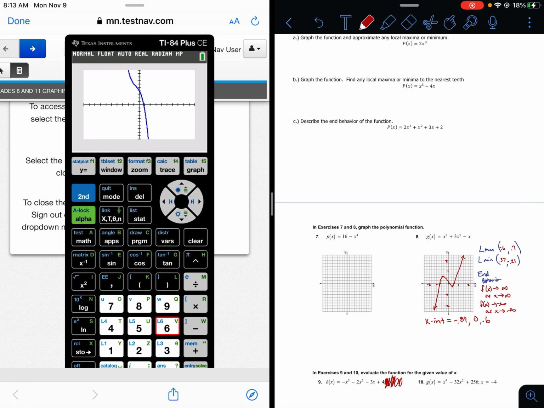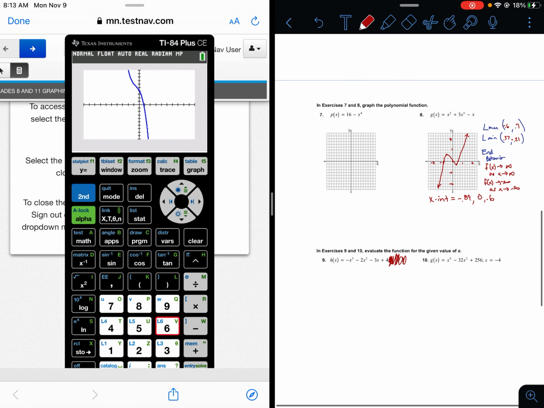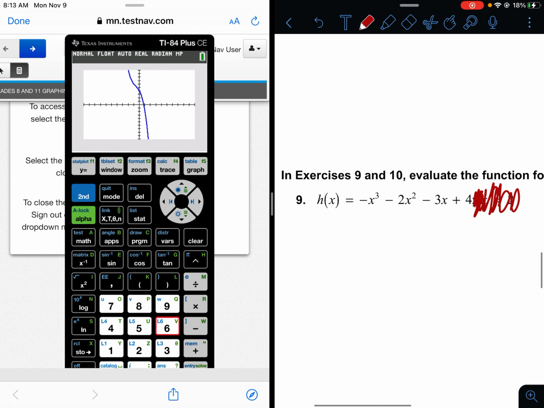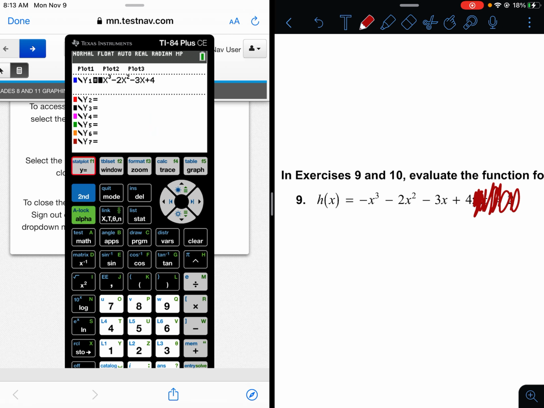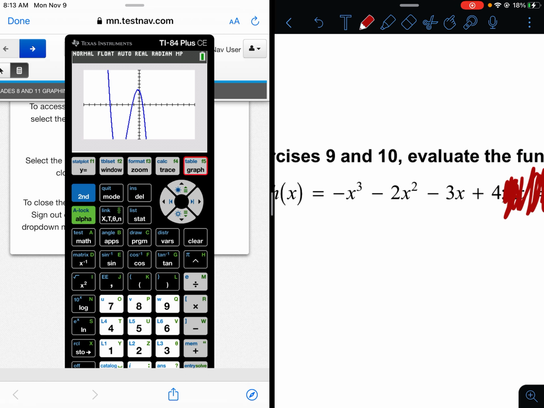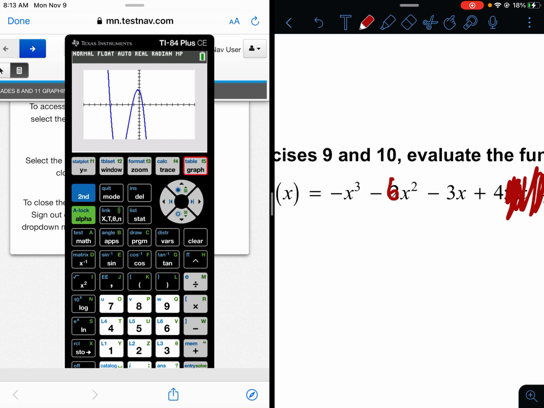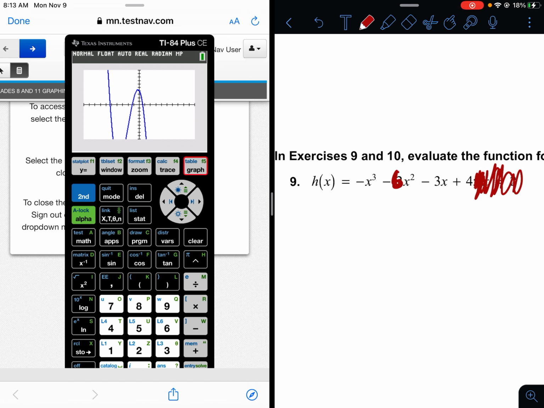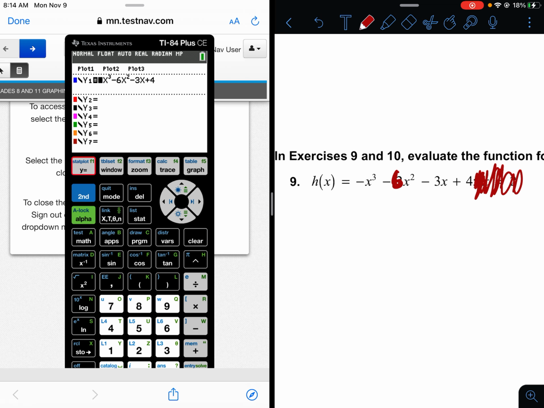Let's see. You know what? I'm just going to change a number here. Okay, so I just changed that to a 6, and this should work. No worries, just working on the fly here. That is a negative 6x squared, I think. That's the one I changed.